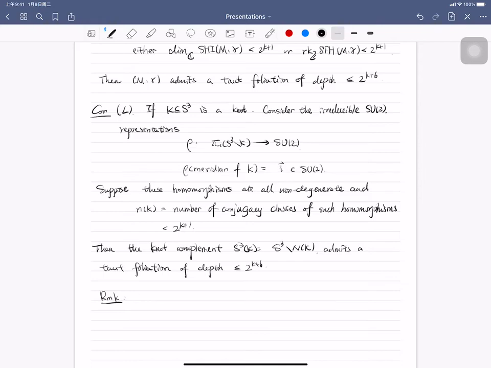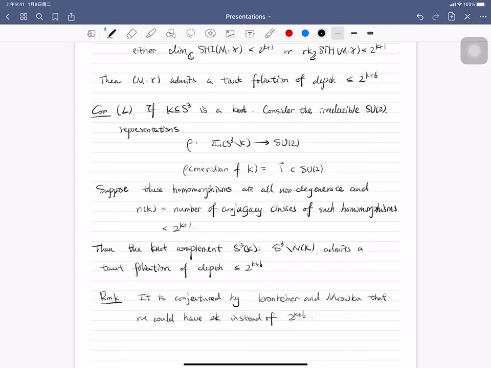Of course, it is conjectured by Kronheimer and Mrowka that we could have this 2k instead of this very big bound 2 to the k plus 6.